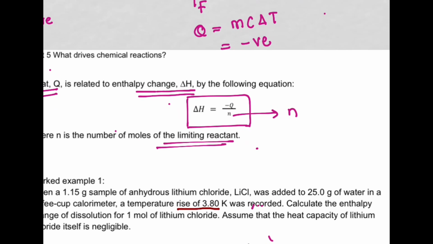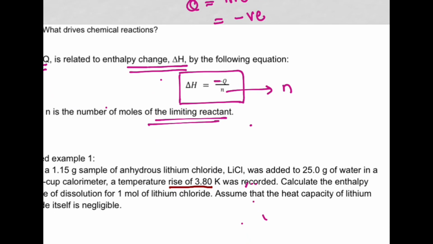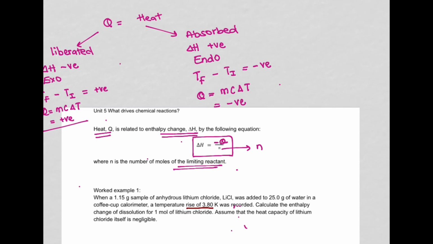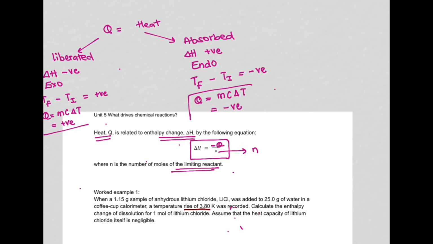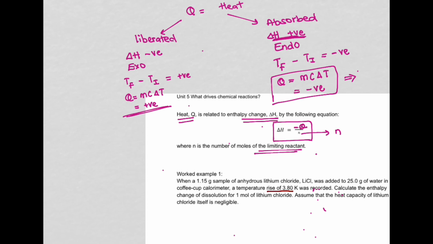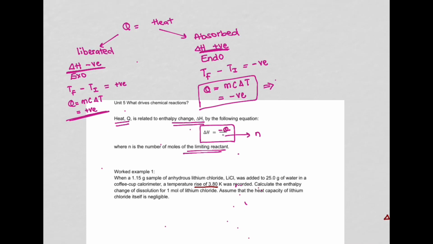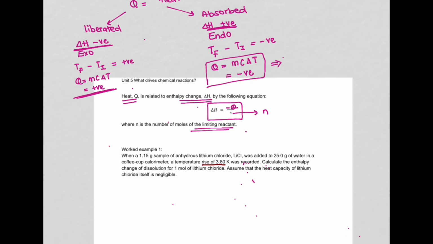Right? Now delta H is negative Q over N. So when Q is negative, delta H is going to be positive. When Q is positive, delta H is going to be negative. So this is important for you to notice here.